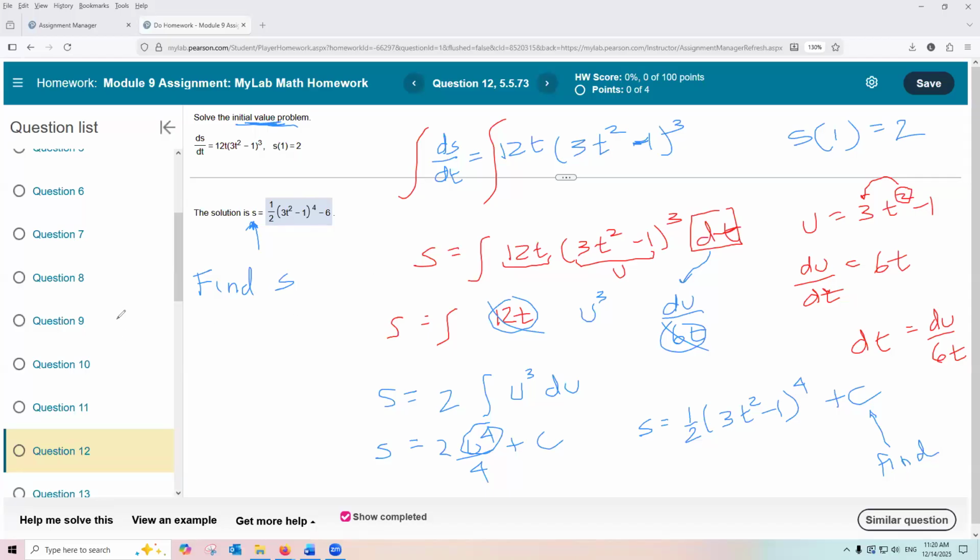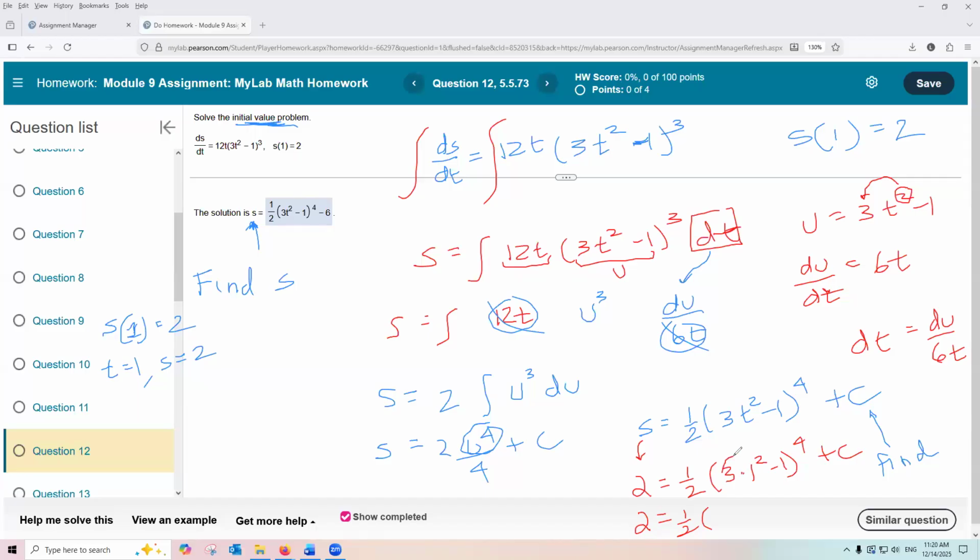Well, that's where this s of 1 equals 2 comes in. They're telling us that when t is 1, the value of s is 2. Let me plug those values in, and I can solve for c. S is 2, and the t value is 1. All right, let me go inside the parenthesis here.